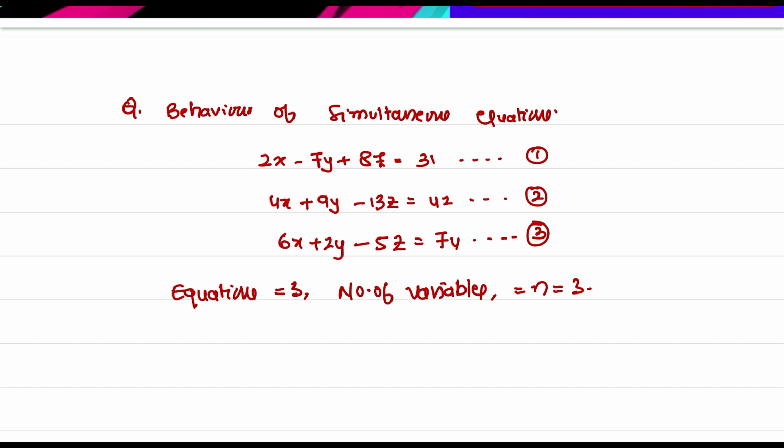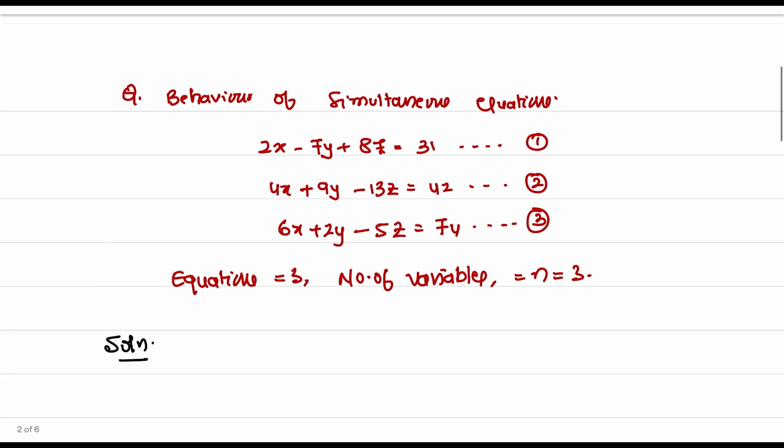If number of equations are equal to number of variables, it doesn't mean that the given simultaneous equation produces a solution. No. It may be possible that there is no solution. It may be possible that there are infinite solutions. It may be possible that there is a unique solution. For that, a procedure is to be followed.